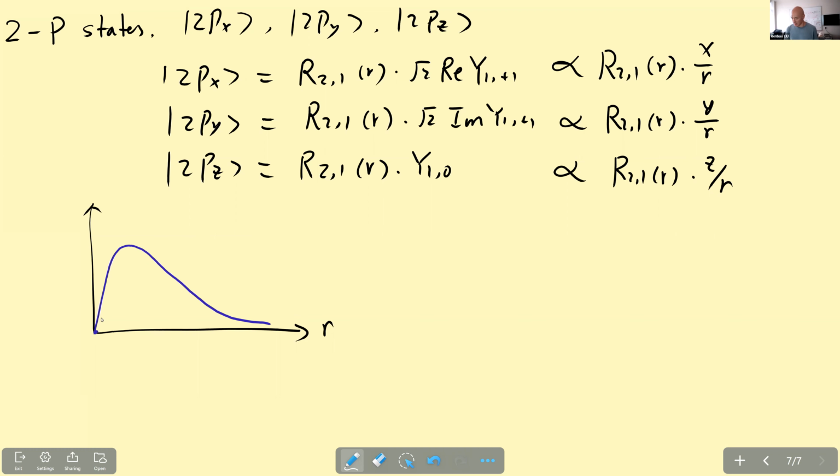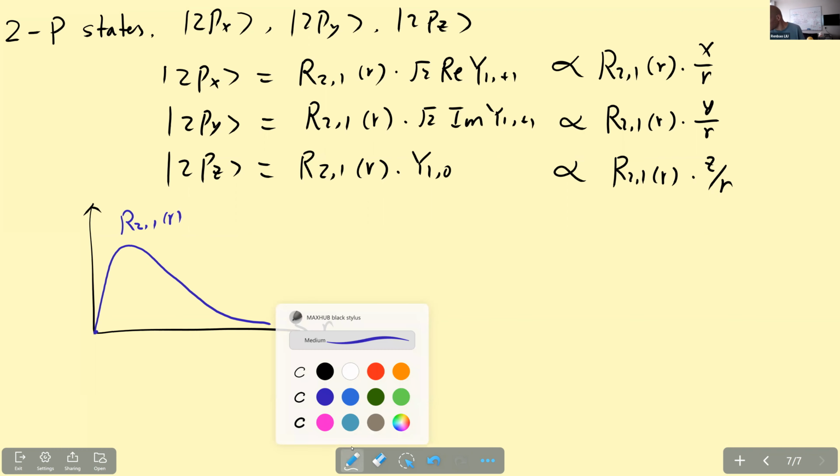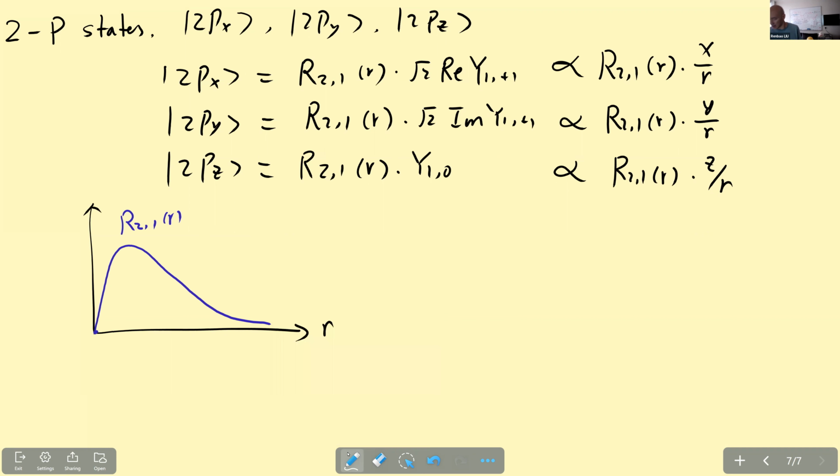Of course, this is R21(r). If we look at the probability of finding the particle at the distance r to r plus dr, you multiply by r squared, and so this one goes to high order 0, something like this. So this one is just P(r) equals r squared times R21 squared.